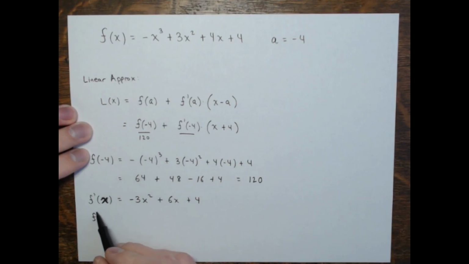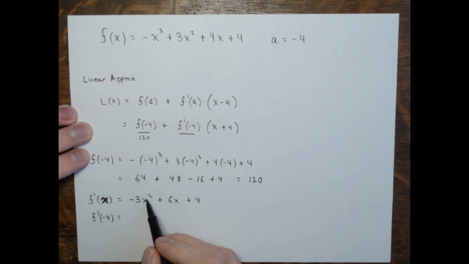And then f prime at negative 4. Right, so I'm just going to write out the numbers. Negative 4 squared is 16 times negative 3 would be negative 48. And then 6 times negative 4 would be negative 24 for the next term. And then you still have this plus 4 at the end here. So that's negative 72 plus 4, negative 68.